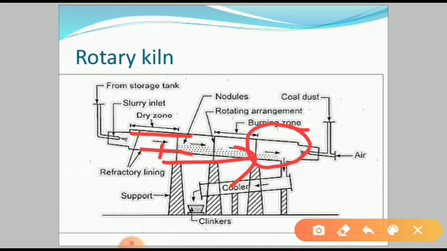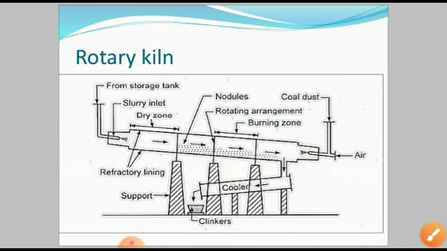By the time the material rolls down to the lower end of the rotary kiln, the dry material undergoes a series of chemical reactions until finally, in the hottest part of the kiln, where the temperature is in the order of 1500 degrees Celsius, about 20 to 30% of the material gets fused in this burning zone.